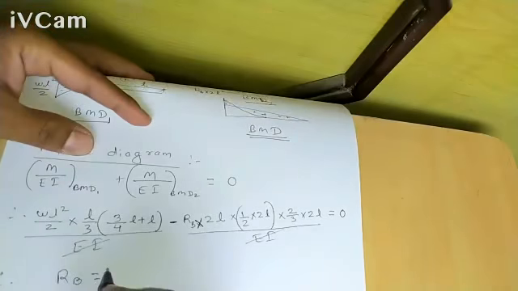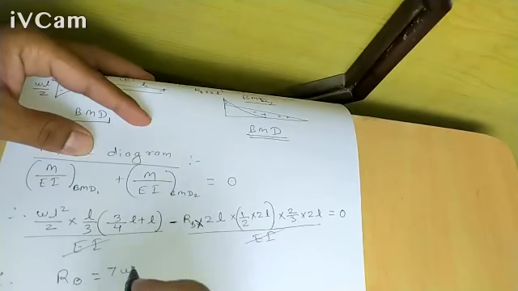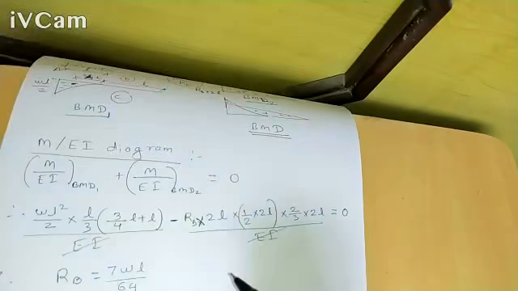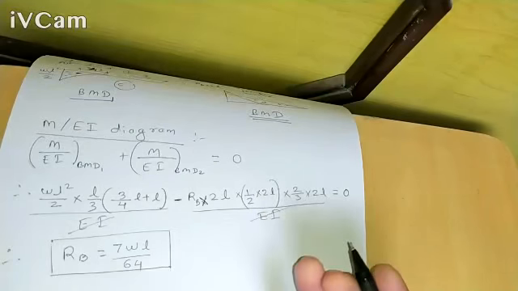Now suppose RB you got here is 7WL by 64. Now what would be RA? Therefore RA would be equal to the total load, which is W into L. So RA equals WL minus 7WL upon 64, and that is going to be 57WL divided by 64.